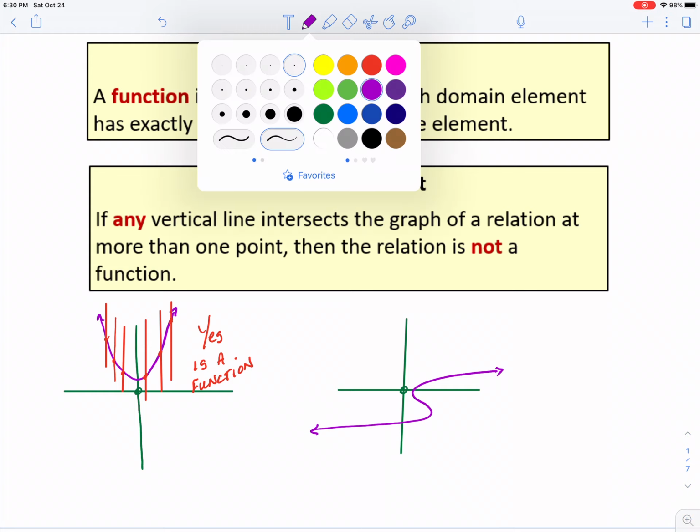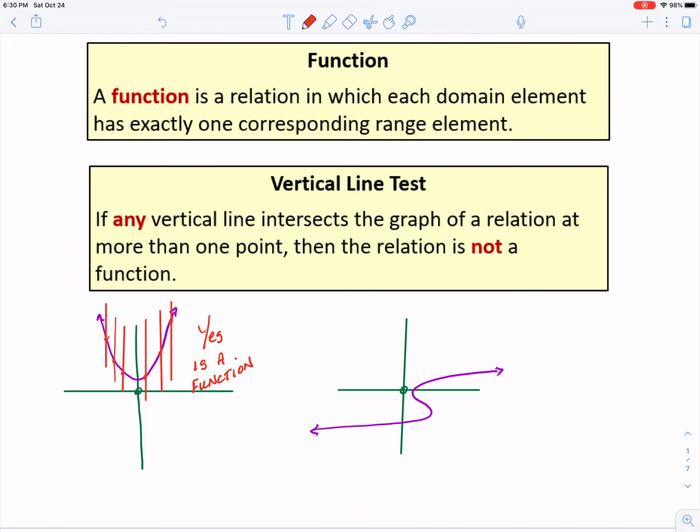And again, we're trying to decide if this relation is in fact a function. So I'm imagining these vertical lines out here, and so far out here this is looking pretty good. These vertical lines are just crossing the purple graph once. But right here we have a problem, because this vertical line crosses the purple graph 3 times. So this is an example of something that is not a function.